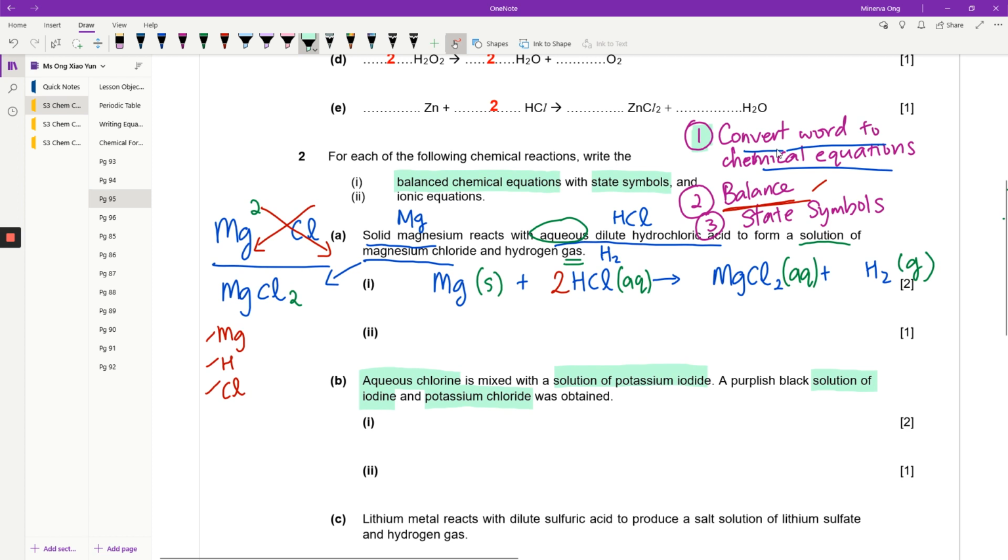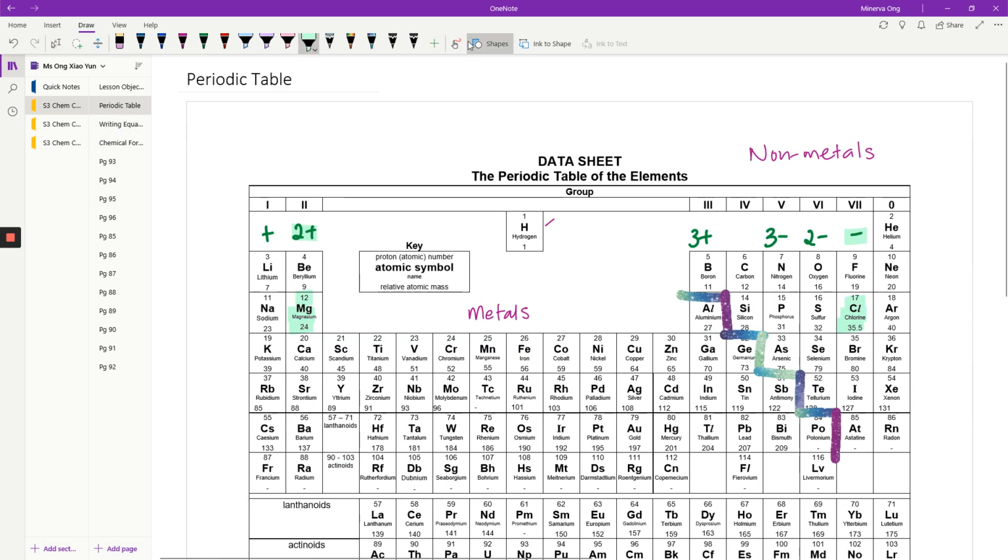Okay, so I do it in the same sequence, blue color for all the substances. So aqueous chlorine, formula first. Chlorine is Cl2. Potassium iodide. So potassium, check the periodic table, is in group 1. Okay, here.